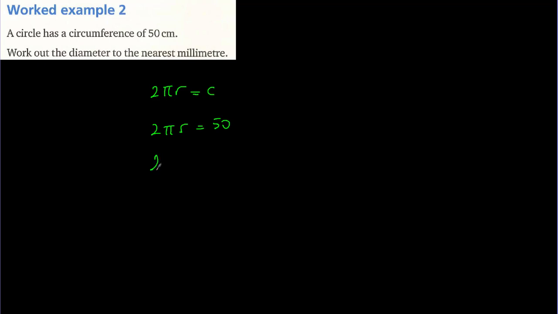I know that pi is 3.14. So with respect to 3.14, I am going to do this operation, because in the question, the pi value 3.14 is accepted. So 2 times 3.14 times r is equal to 50, and 6.28 r is equal to 50.